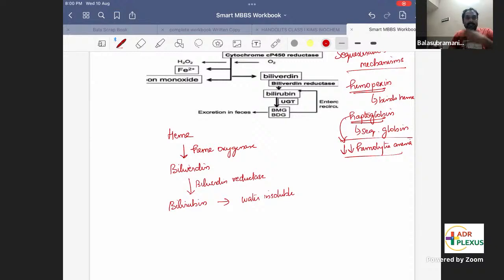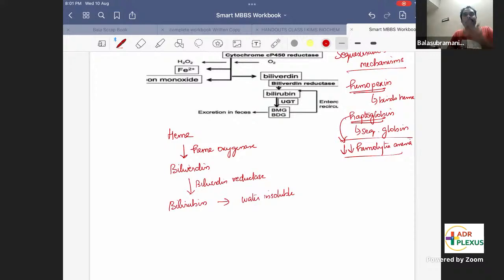The process by which molecules are converted from a water insoluble component to a water soluble component is needed because if you want to excrete something via urine, it has to be water soluble. Some moiety makes the molecule water soluble.